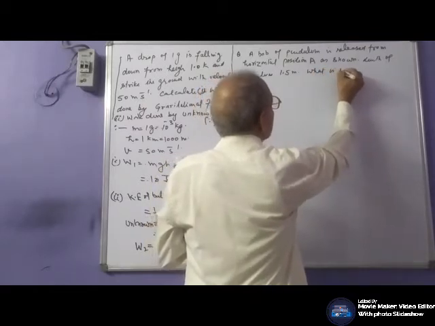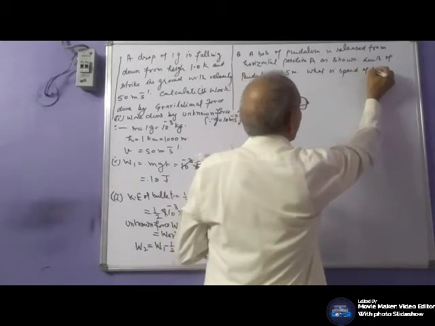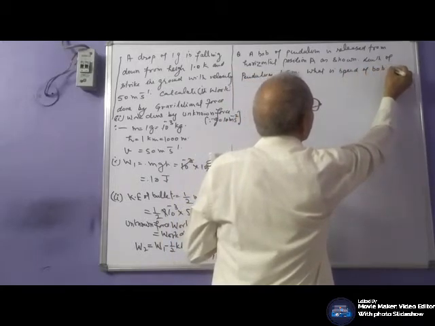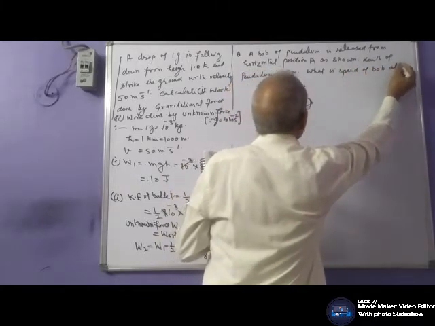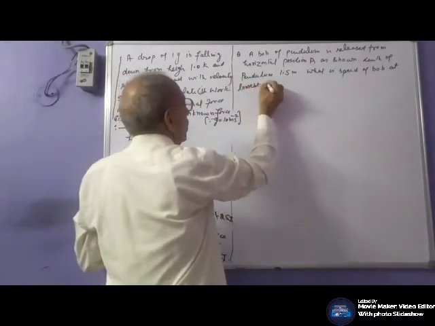What is the speed of the bob at the lowest point?